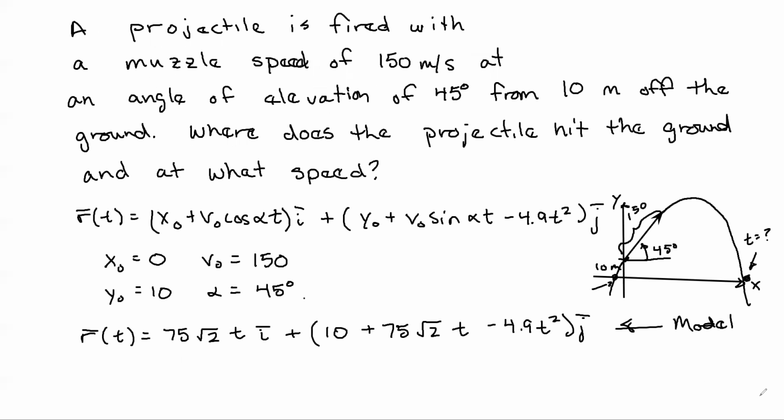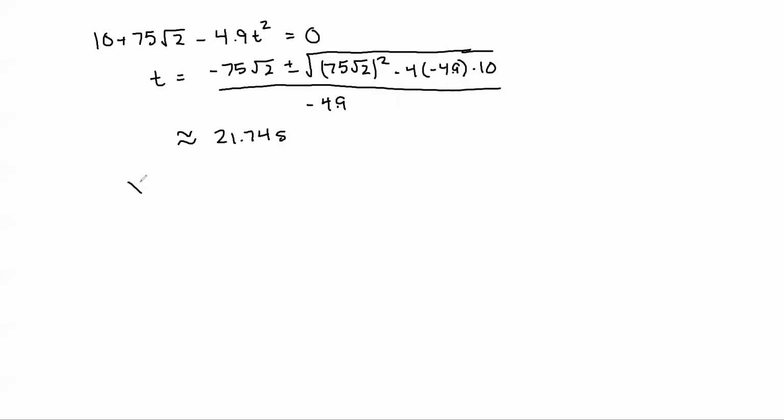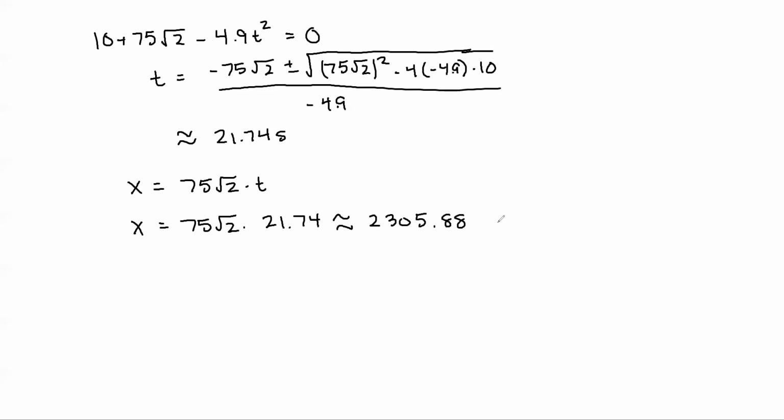So x equals 75 root 2 times t, or x equals 75 root 2 times 21.74, which is approximately 2,305.88. And since our velocity is meters per second, this is meters per second times seconds, so we're going to end up with meters.